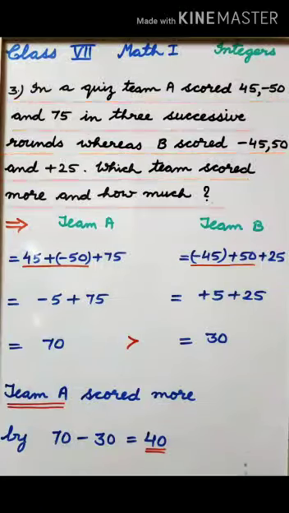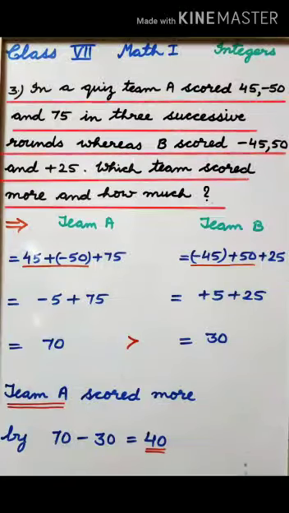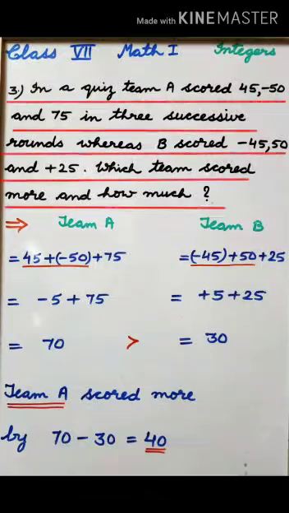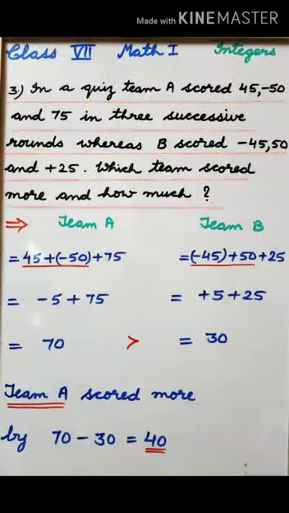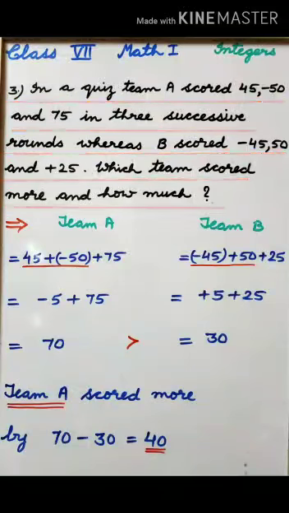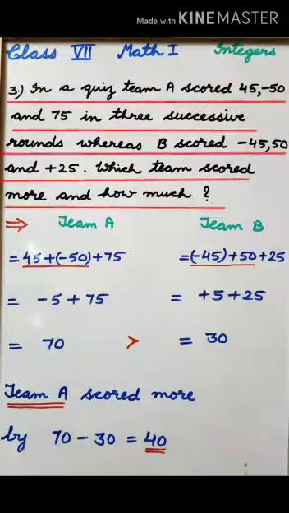Now question 3 is, in a quiz, team A scored 45, minus 50 and 75 in 3 successive rounds, whereas B scored minus 45, 50 and plus 25. Now which team scored more and how much?